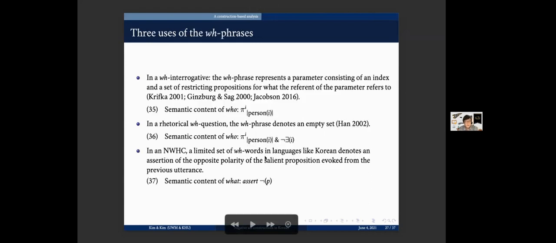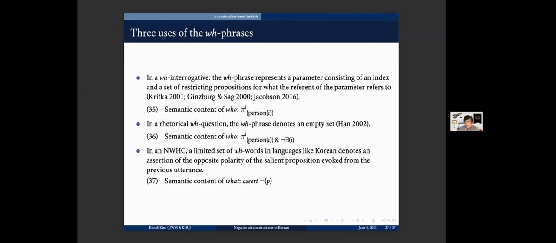We assume that there are three different uses of wh-phrases. First, in wh-interrogatives, the wh-phrase represents a parameter or a variable. So for example, the wh-phrase who denotes a variable x such that x is a person in a wh-question. But in rhetorical wh-questions, the wh-phrase denotes an empty set.